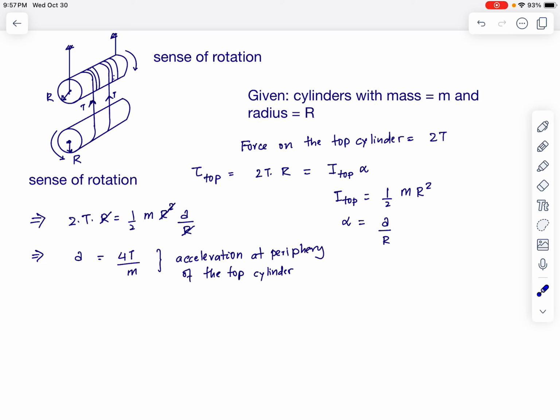For the bottom cylinder, the tension acts upwards this way, and the tension in the other string acts upwards this way. So we have the very same acceleration for the bottom cylinder. Now we will talk about a relative acceleration.